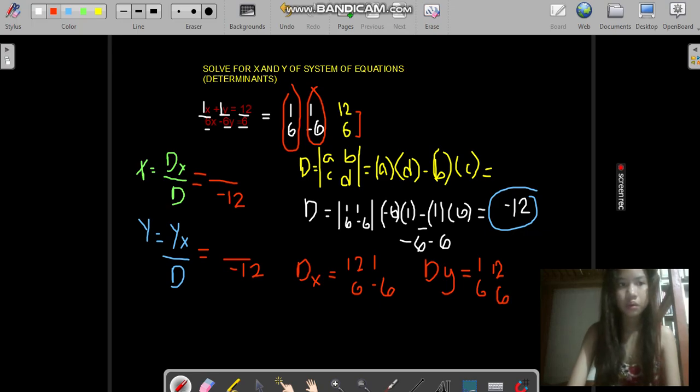So we're gonna need to do this determinant formula.